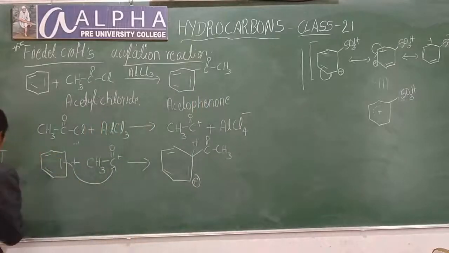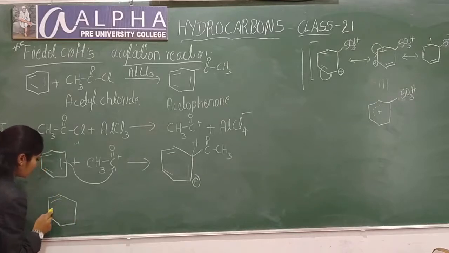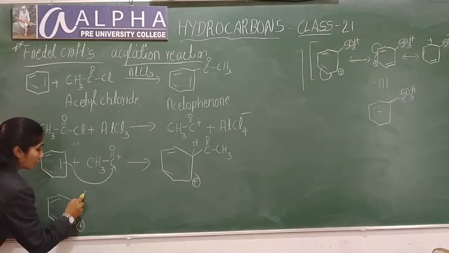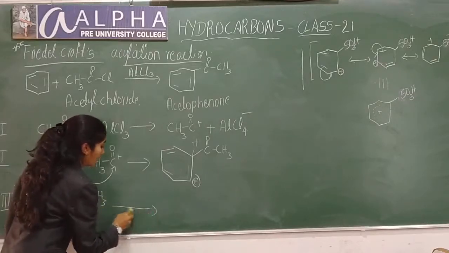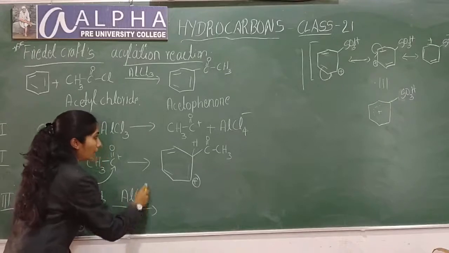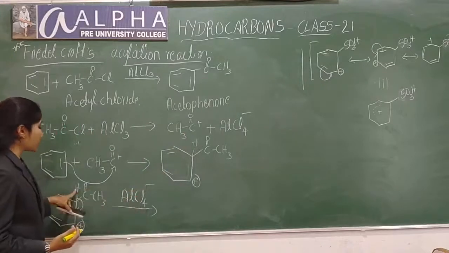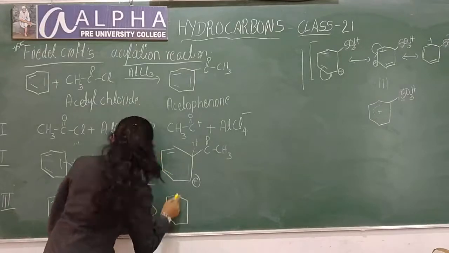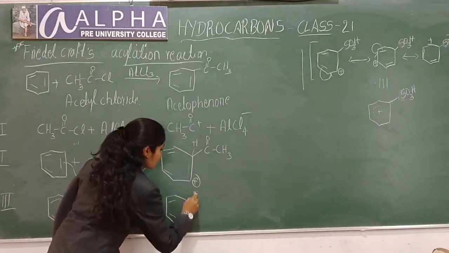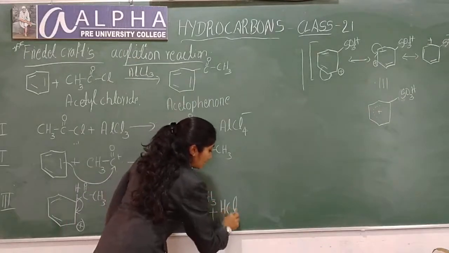So the third step is elimination of proton. The elimination of proton takes place, the proton being taken away by chlorine in AlCl4 minus. This chlorine in AlCl4 minus will take this hydrogen, that is the proton, and it forms the acyl substituted benzene, that is acetophenone, CH3, plus HCl plus AlCl3.